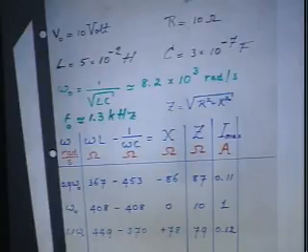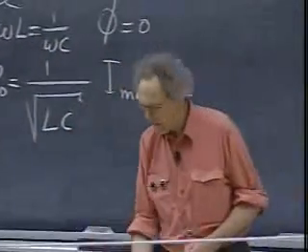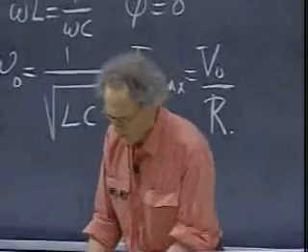And then when I'm 10% above resonance, then the omega L term is larger than the reactance of the capacitor, and accordingly you get a lower current again, about 1/8 of an ampere.